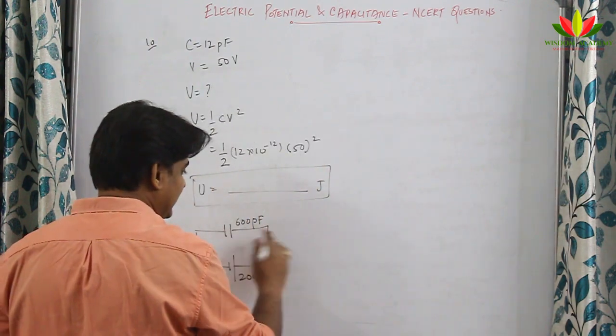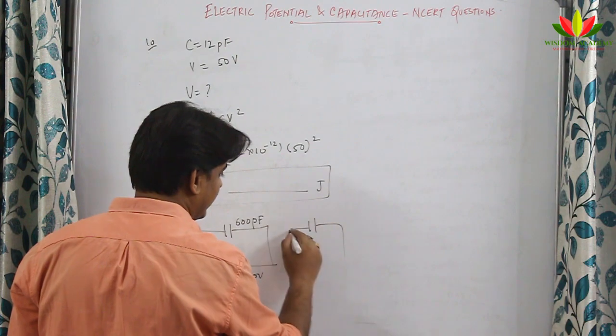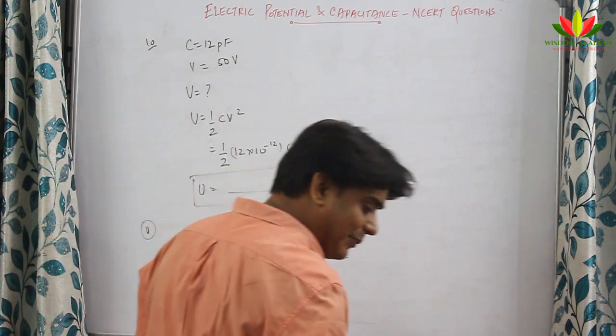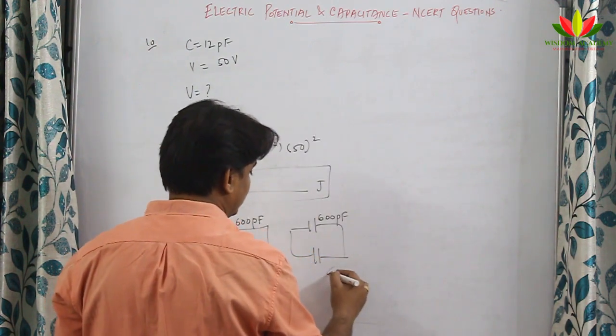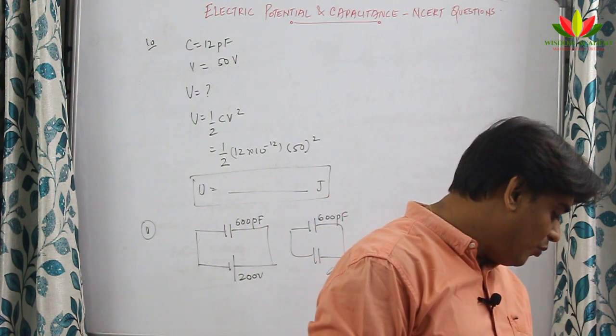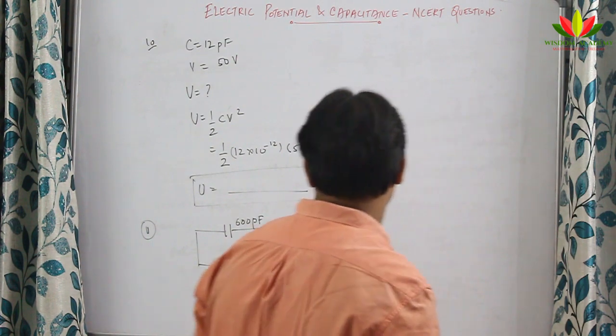So, after charging, it is taken out and kept with another capacitor of capacitance again 600 picofarad. How much energy is lost in the process?